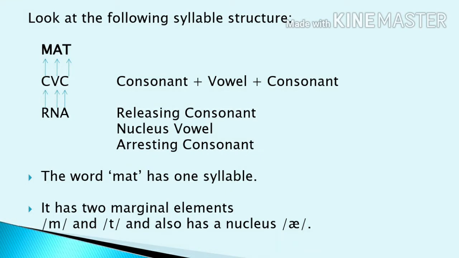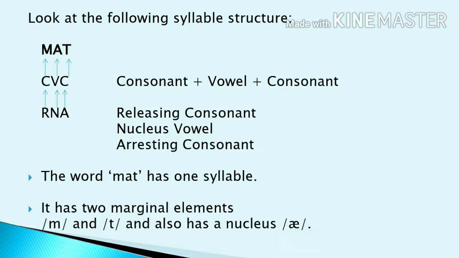In order to understand this particular concept of releasing consonant, arresting consonant and nucleus, let us look at this slide. For your understanding, I have taken up a very simple word, and look at the syllabic structure of this word.